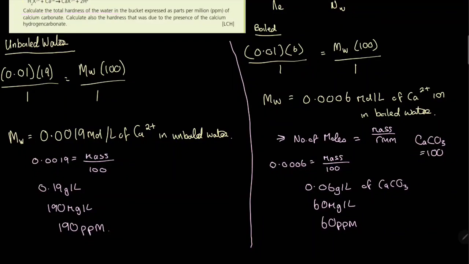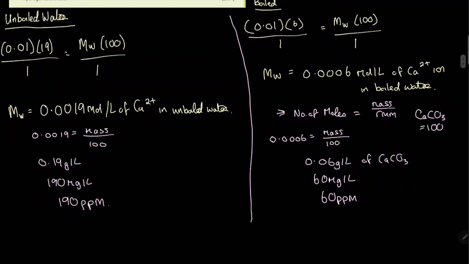So the total hardness is when it's unchanged, when it's unaltered, so unboiled. So the very first answer there is your total hardness, is 190 parts per million of the calcium carbonate, because we haven't done anything to it.